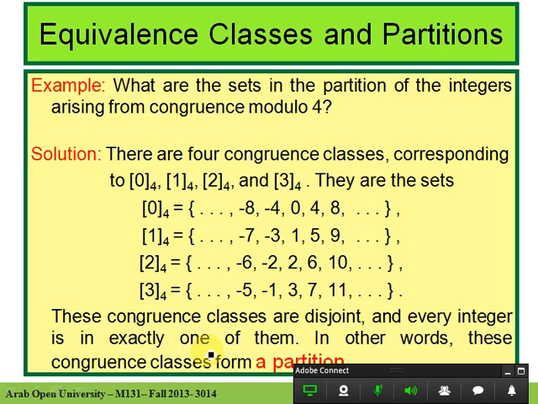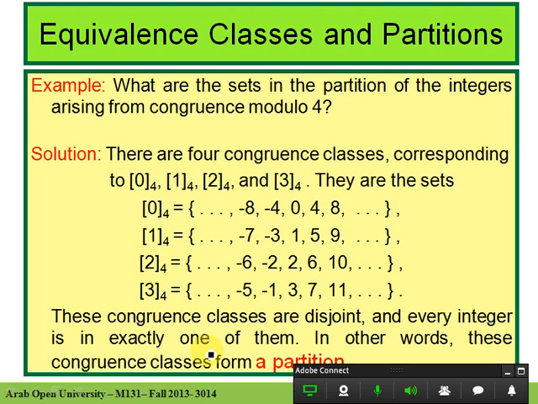1, 5, 9 are in the equivalence class of 1 modulo 4. Then the equivalence class for 2 is, if you divide the number you should get remainder 2: 2, 6, 10, 14, 18 and so on.